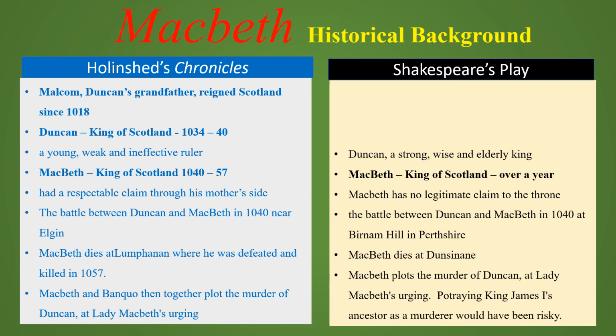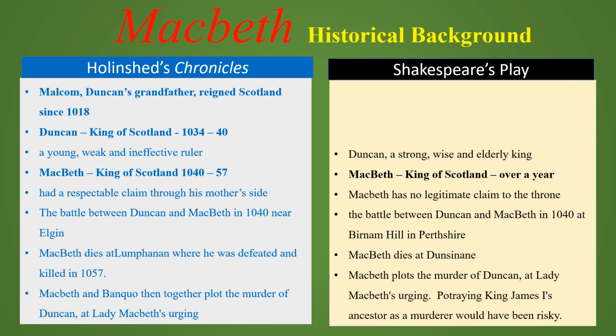1018, and Duncan, the king of Scotland, reigned from 1034 to 40. In Holinshed's Chronicles, as we have already seen, he is a young, weak, and ineffective ruler.